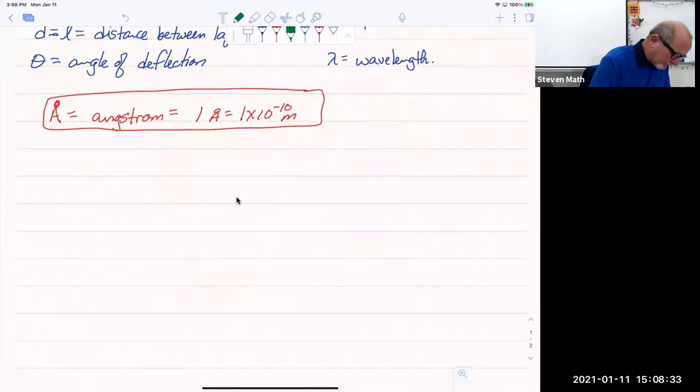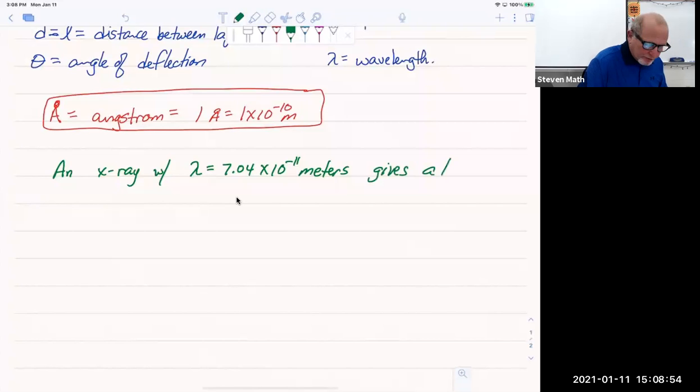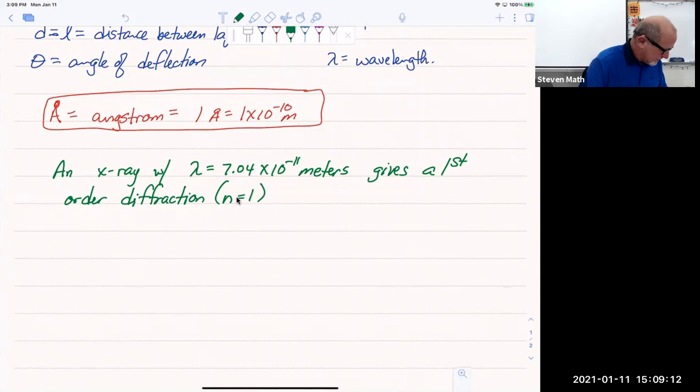Okay, so let's do an example problem. It says an X-ray with a wavelength of 7.04 times 10 to the negative 11th meters gives a first order diffraction, that tells me n equals 1, with an angle theta equal to 15 degrees.